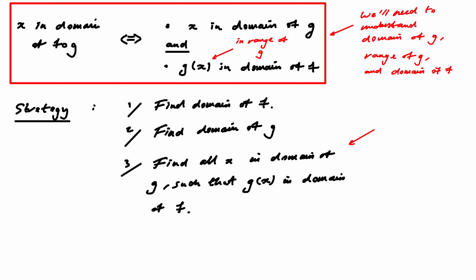This is the hard part. Because that requires properly understanding not just the domain of g and the domain of f, which are very important, but we've got to understand how the function g works. We've got to understand what parts of the range live where and all that kind of thing.